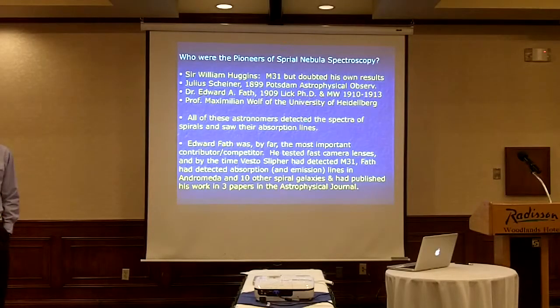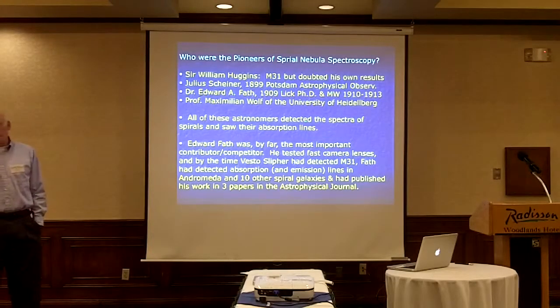He was apparently using the moon as a comparison source. And if I don't say so, Vesto Slipher used the spectrograph, even modified for the nebulae. He used as a comparison source the planet Saturn. He would observe a nebula, then he would look at Saturn for his comparison source. And in the case of Huggins, he did that with the moon and was afraid he had contaminated the image, and so he sort of denied that there was an absorption line spectrum of Andromeda.